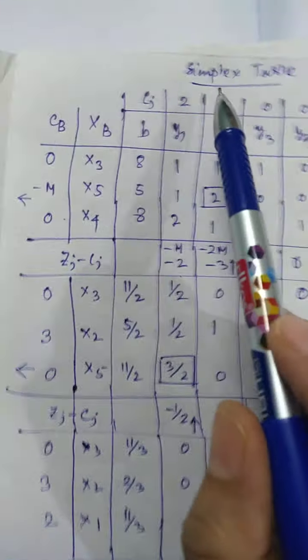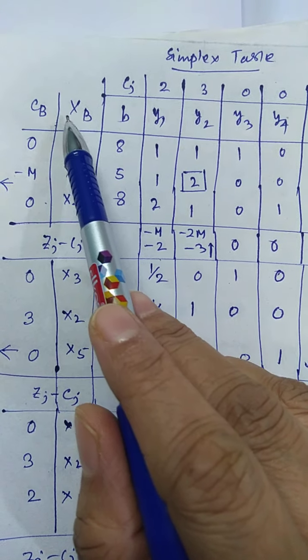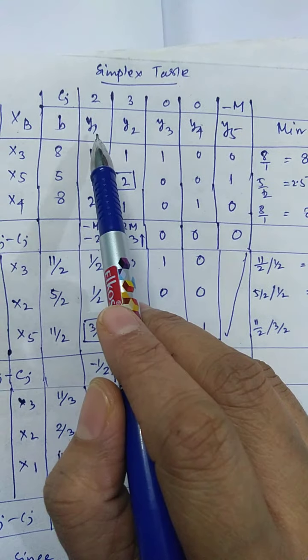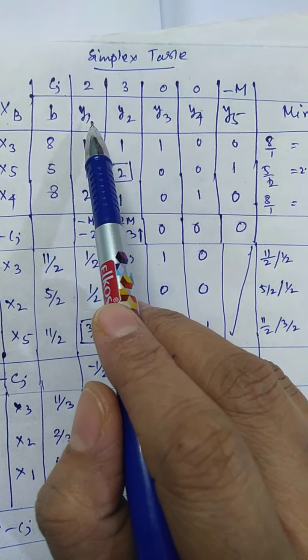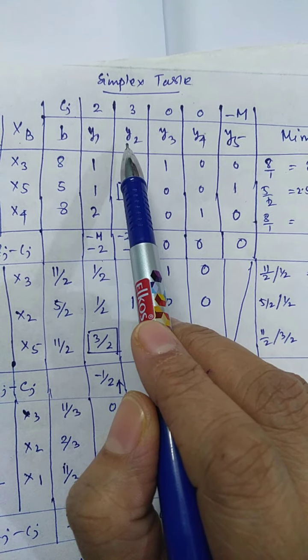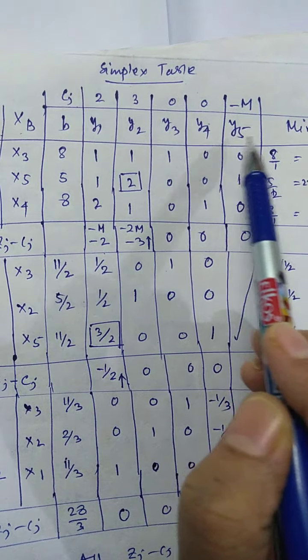For the simplex table, this is my table. We have to introduce CB, cost against basis, XB, this is the solution vector, B the right hand vector, and Y1 is the coefficient vector of x1, Y2 the coefficient vector of x2, Y3 the coefficient vector of x3, and so on.